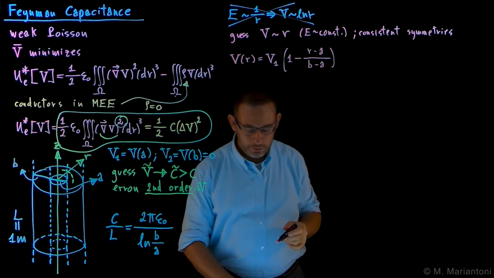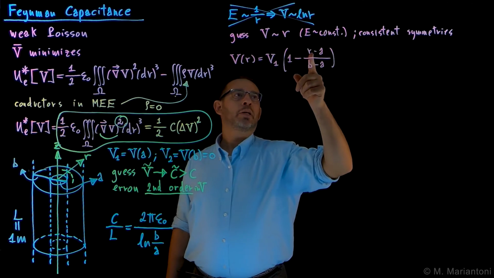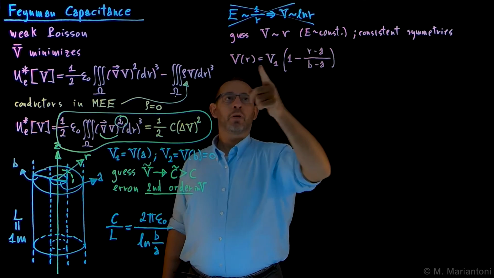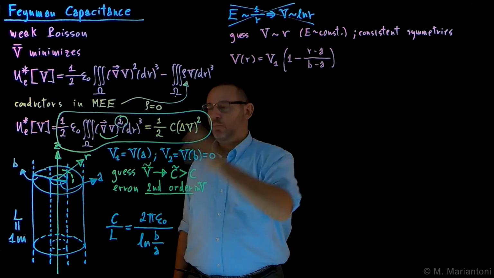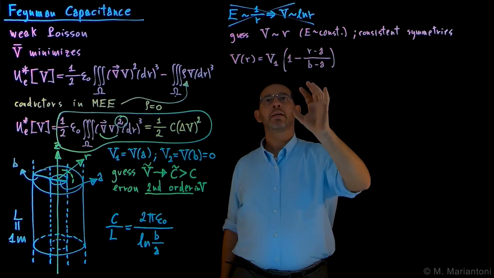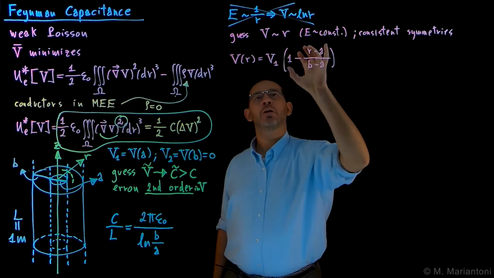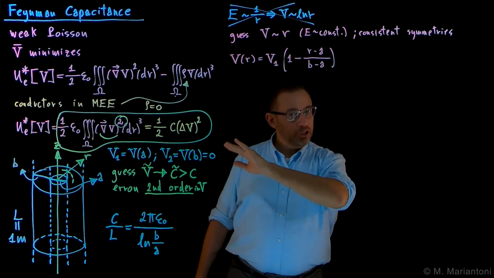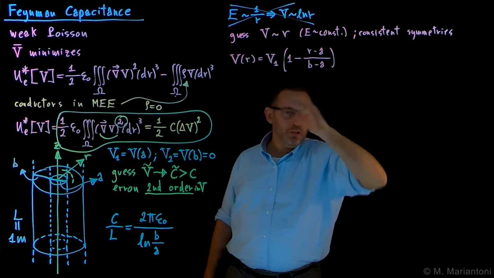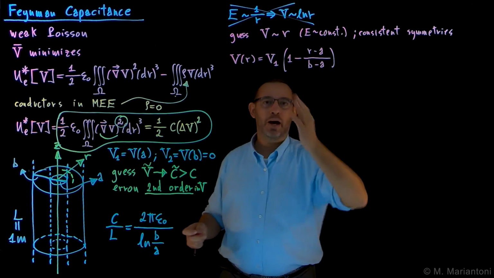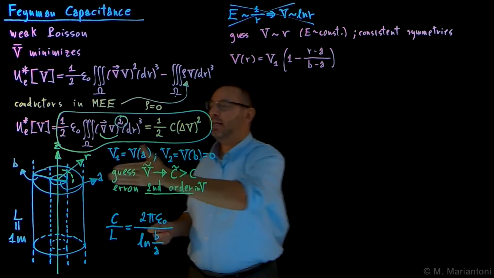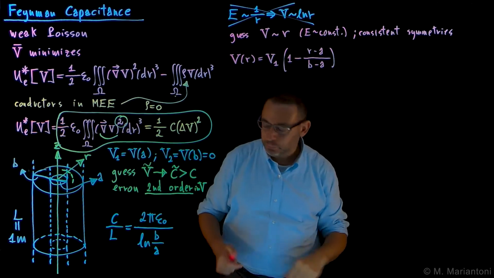Now I let you do the calculation. Of course, if I substitute a, I get V1. If I substitute b, I get 0. So I get exactly these boundary conditions. This is my guess for the electrostatic potential, which is not, as we know, the right solution. I just guessed one, the simplest that came to my mind: a linear one, which is consistent with symmetries and gives these proper boundary conditions.